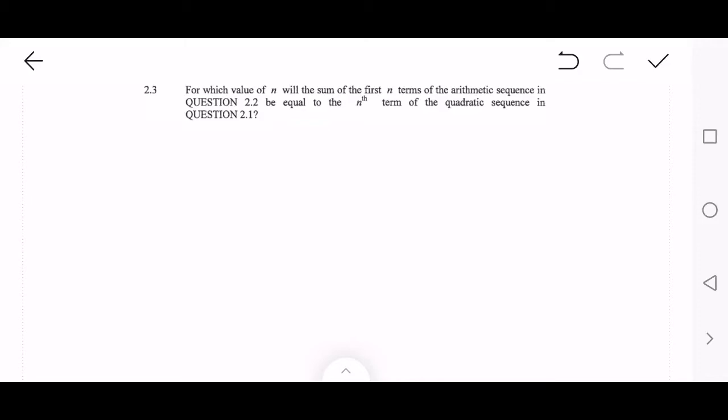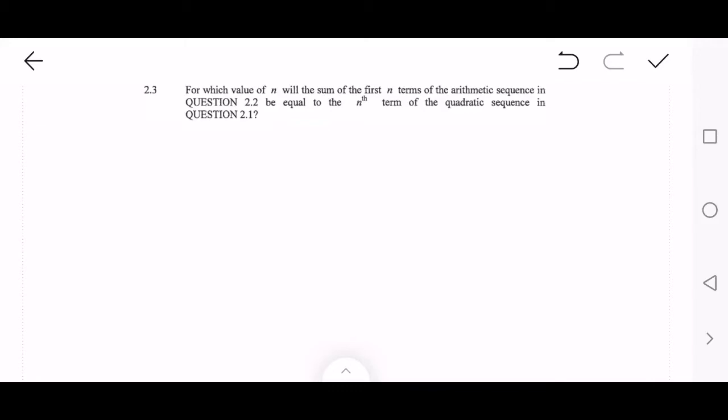So guys, this question asks for which value of n will the sum of the first n terms of the arithmetic sequence in question 2.2 be equal to the nth term of the quadratic sequence in question 2.1.